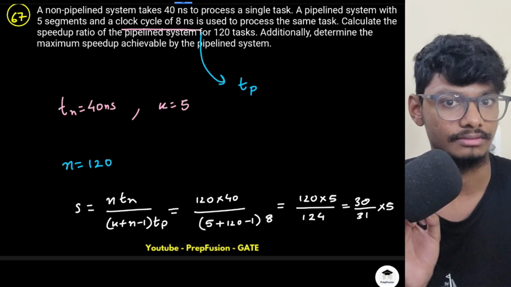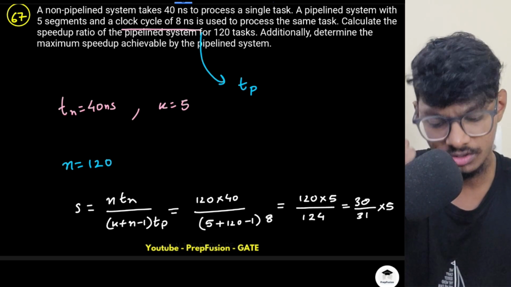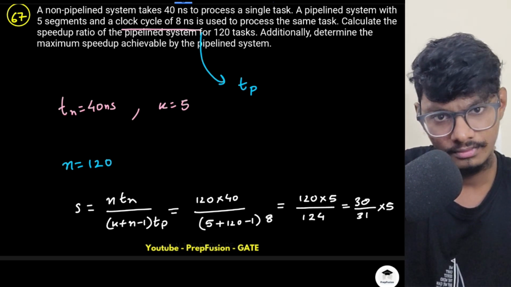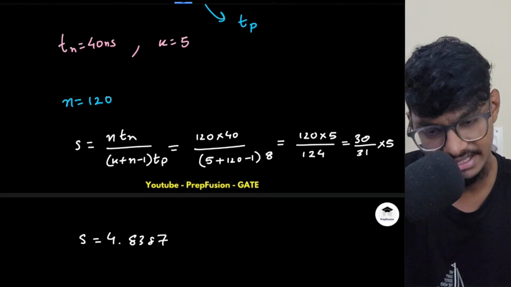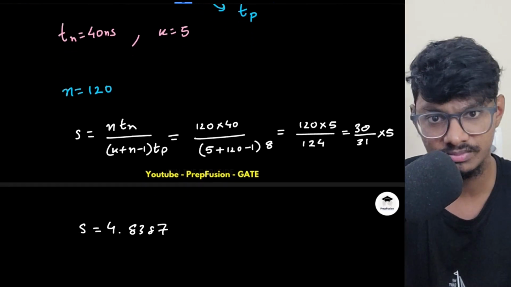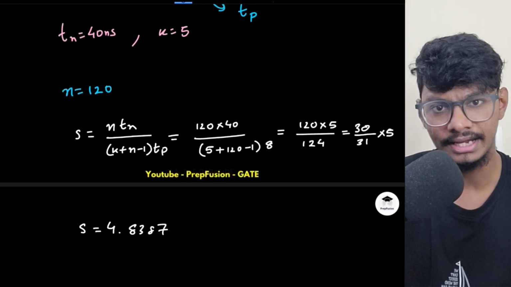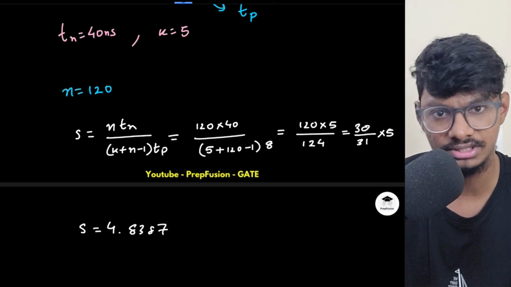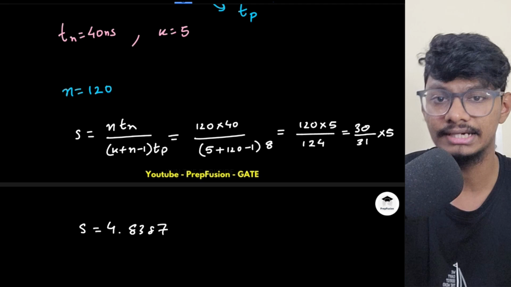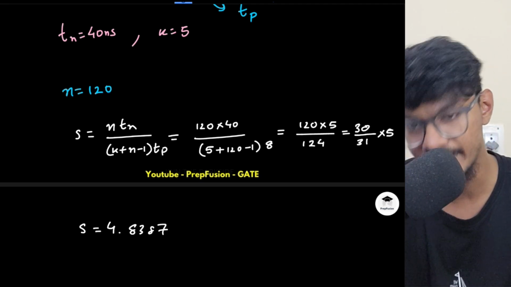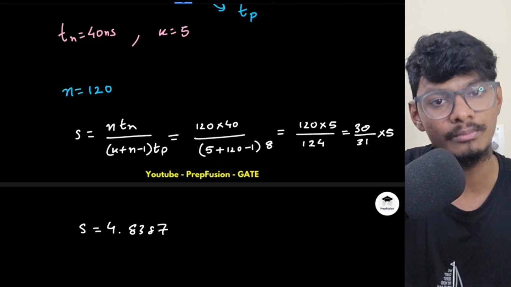I cannot say surely. Why? Because if I have 5 segments, each can be 8 nanoseconds, or one can be 9 nanoseconds, another can be 7 nanoseconds, and all the others can be 8 nanoseconds. That is also possible. So it is not always a balanced system. What I can say is that it can be a balanced system.